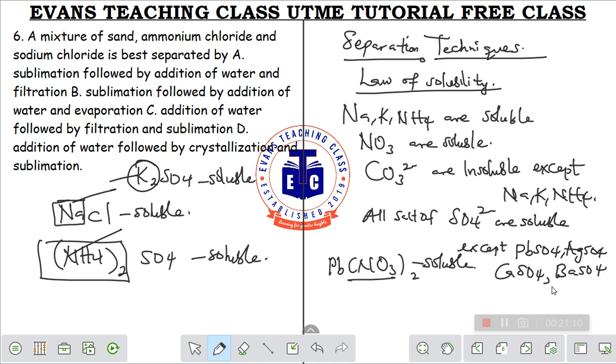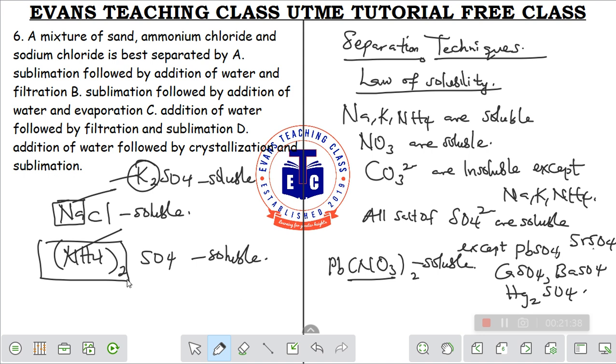And we also have strontium sulfate and mercury sulfate. So these are the sulfates that are not soluble. Please take note of them.